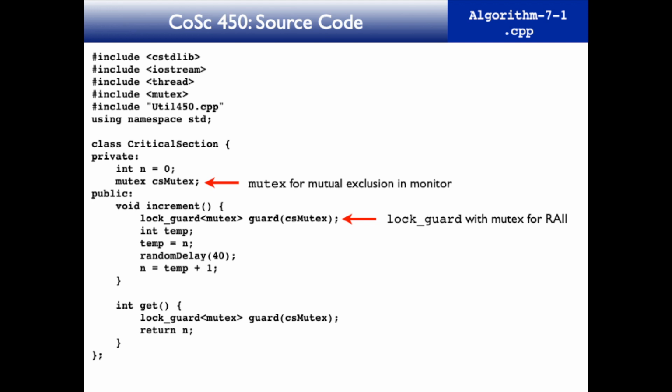So guard is of type lock guard, which takes a template parameter, in this case a mutex. And we are giving guard our CS mutex to lock and unlock for us automatically.